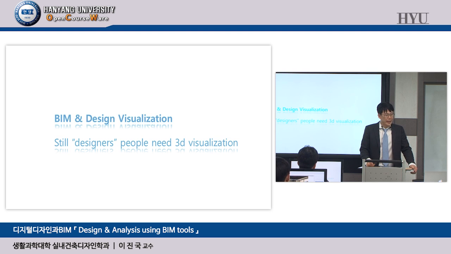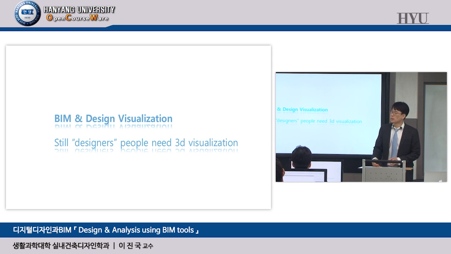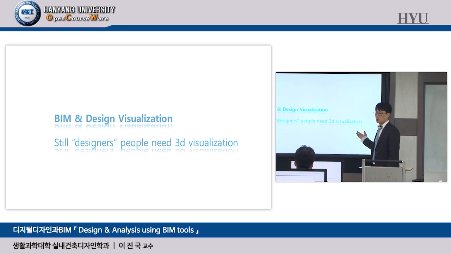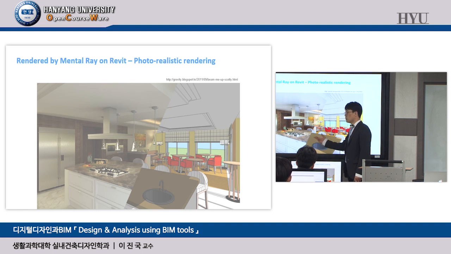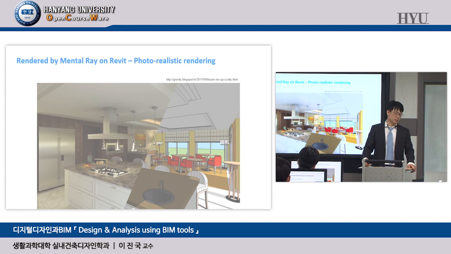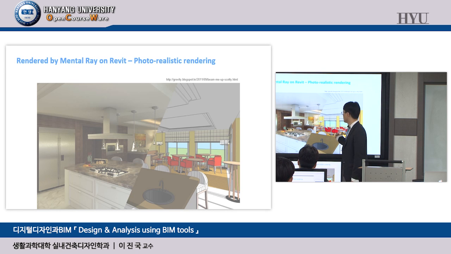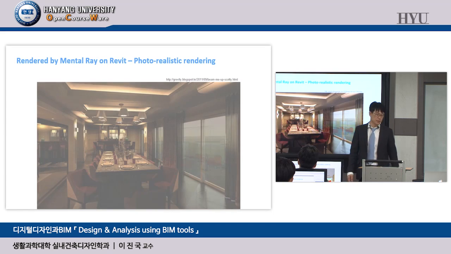But even if we are dealing with BIM tools, with digital design software applications, we still need 3D visualizations. That is why we reviewed some visualization approaches defined in Revit. As you know, this is the Revit interface and Revit visualization case.